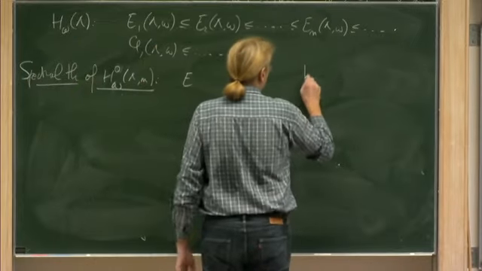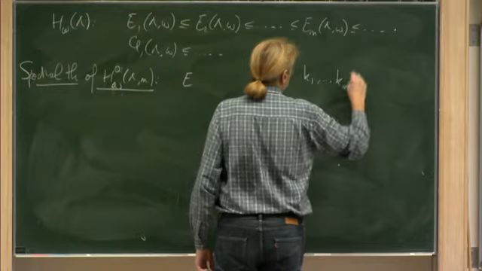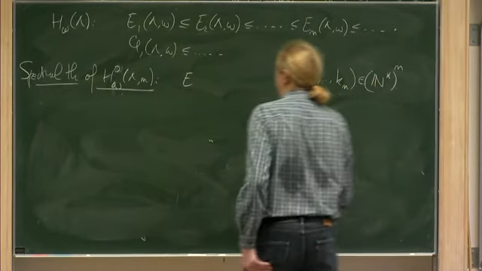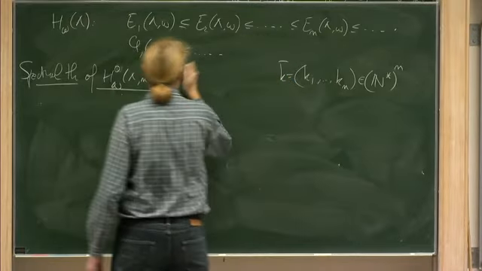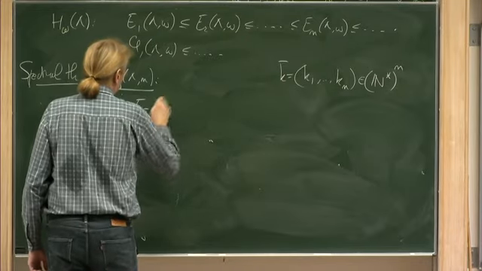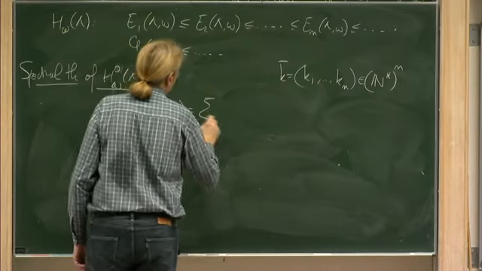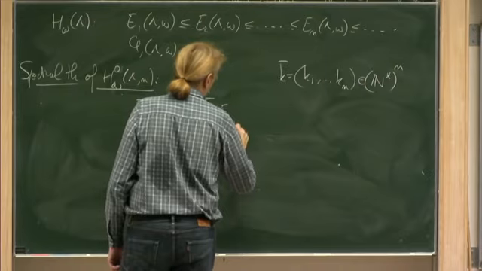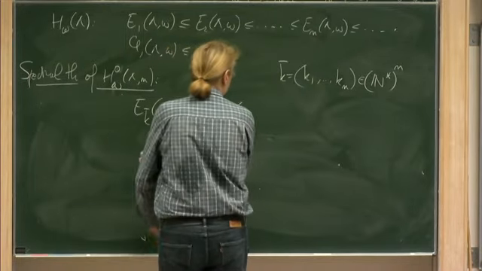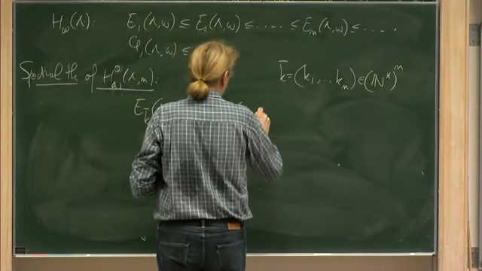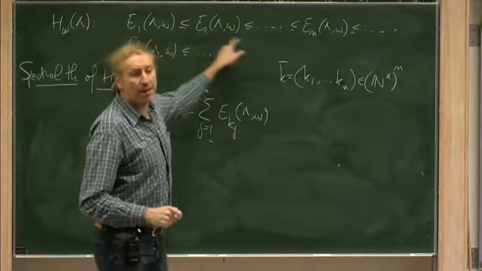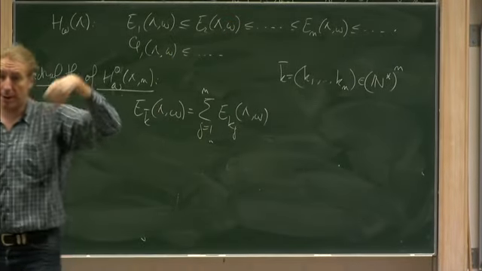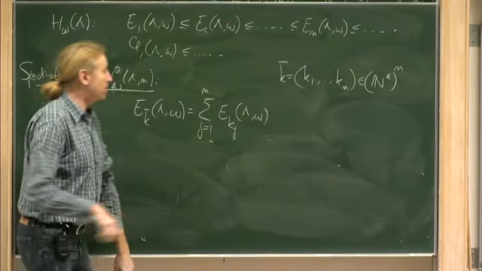I pick k_1, ..., k_n, which belong to N star to the n, and I call this k bar. Then E_k bar(lambda, omega) is just the sum for j going from 1 to n of E_{k_j}(lambda, omega). Here, of course, I assume that the eigenvalues are repeated according to multiplicity when I enumerate them.